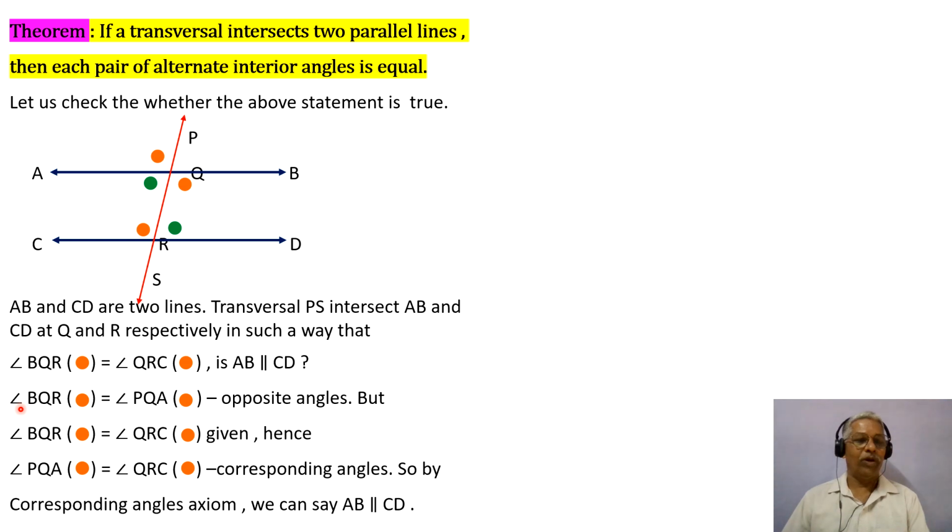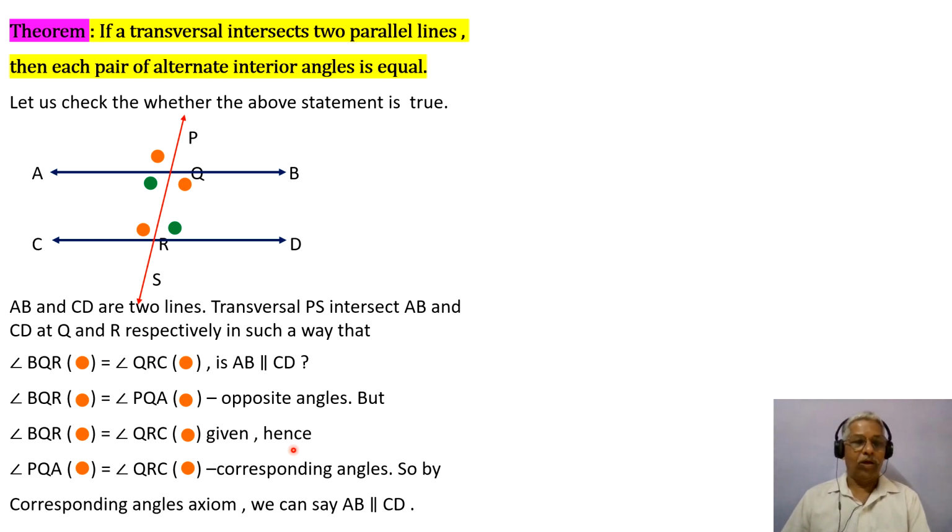Now the proof. Angle BQR is equal to angle PQA. Why? Opposite angles. But angle BQR is equal to angle QRC, alternate interior angles, and that is given.